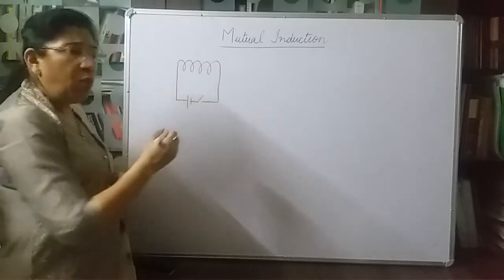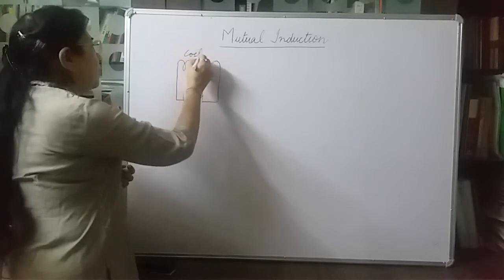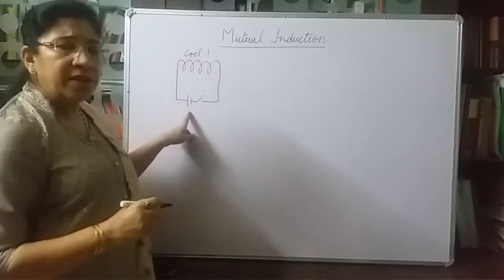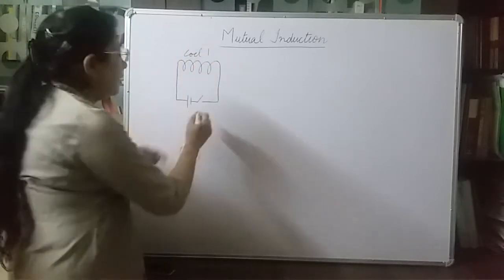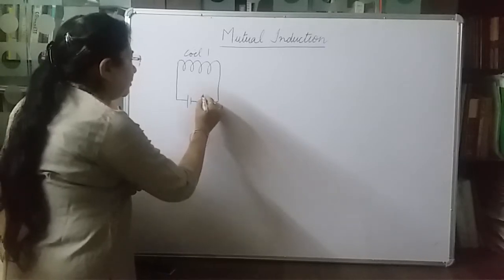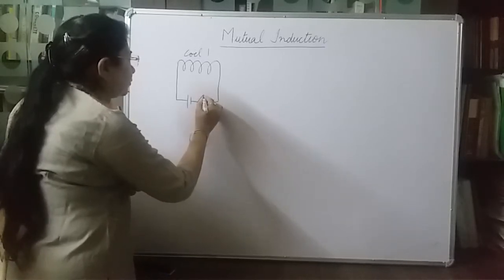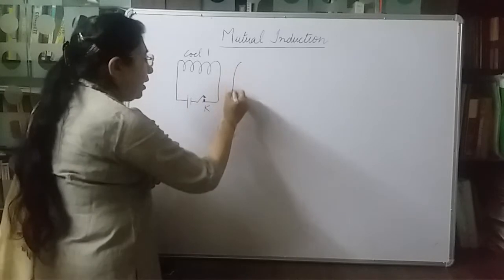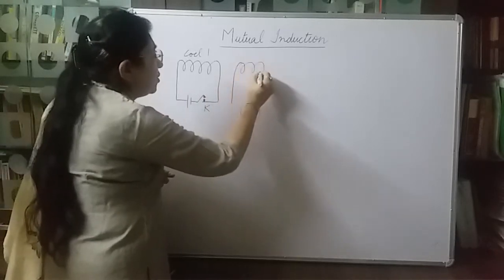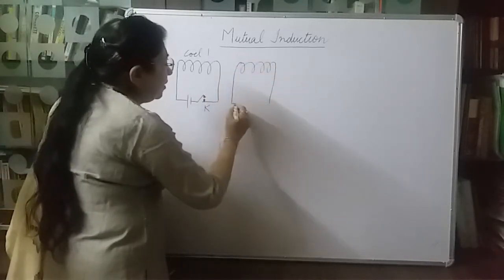To coil 1, let us connect a battery and a tapping key. This is a tapping key. And to another coil, let us connect a galvanometer.